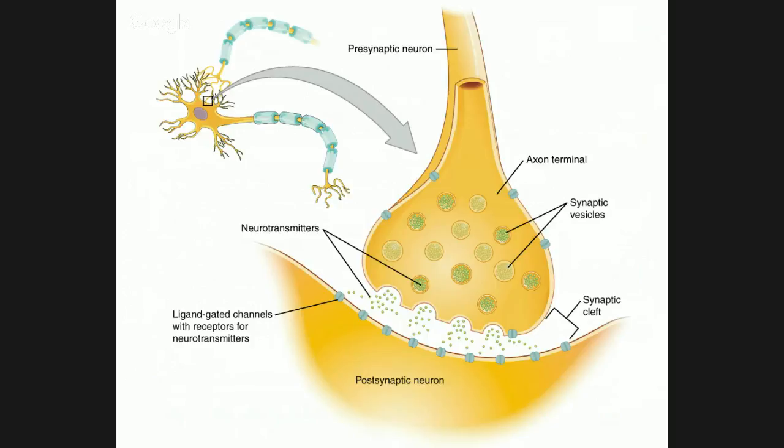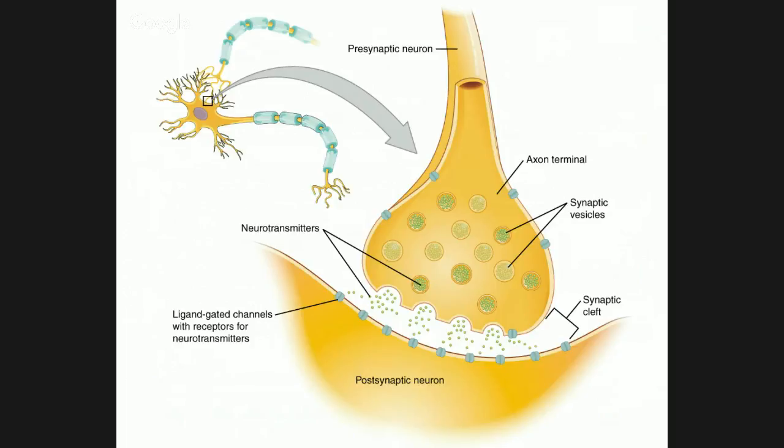When these ion channels open up and sodium rushes in, that's going to depolarize the target cell, and that's going to be the postsynaptic potential. And since I just said it depolarizes, that would be an excitatory postsynaptic potential. It's possible that other types of receptors could be there.